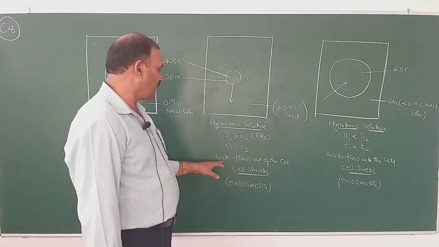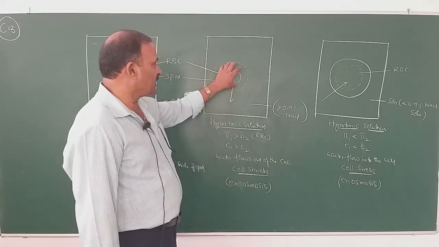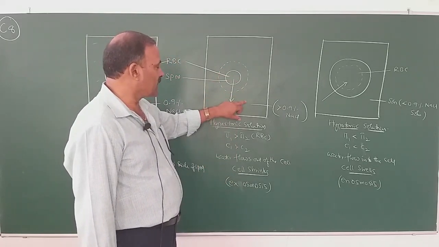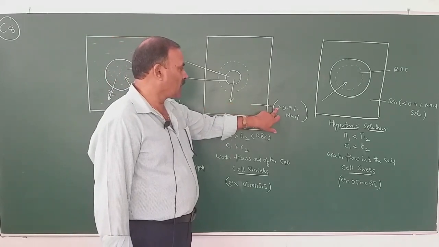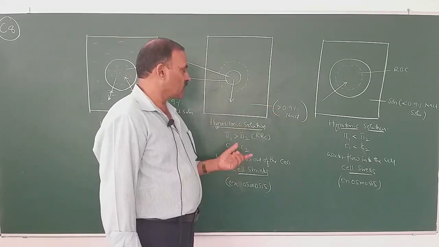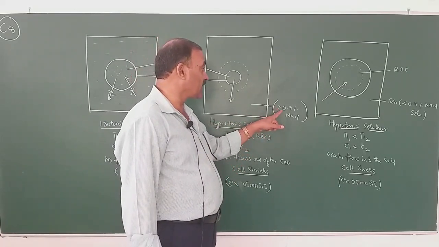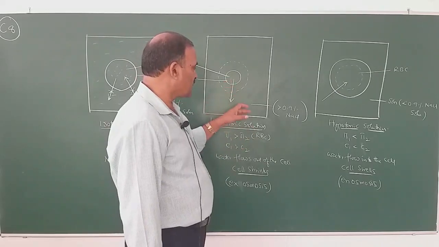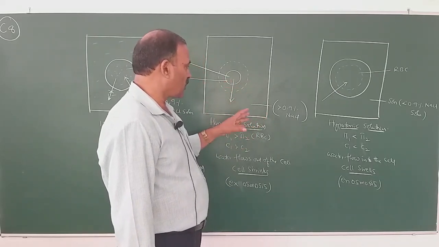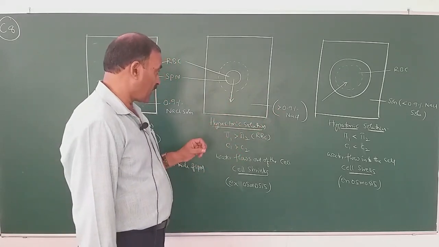So in such a case, for example, when an RBC, red blood cell, is kept in a hypertonic solution, say for example seawater. In seawater, the concentration of sodium chloride is greater than 0.9%. When RBC is placed in seawater, whose concentration is greater than 0.9%, what happens?